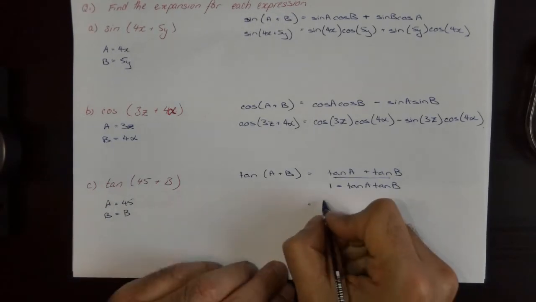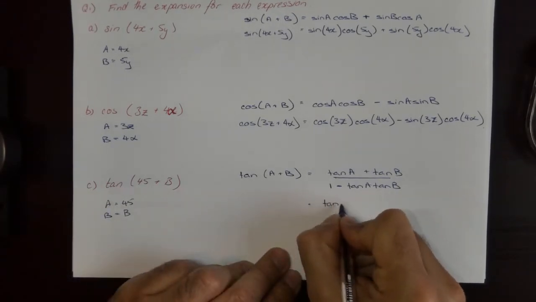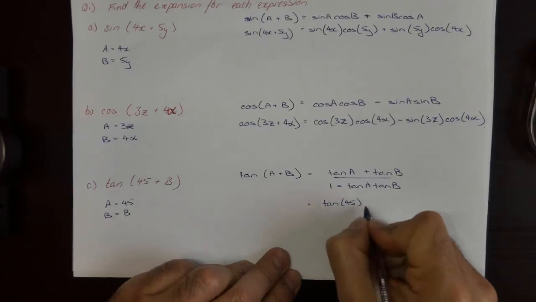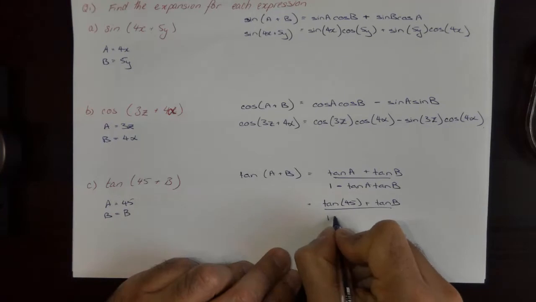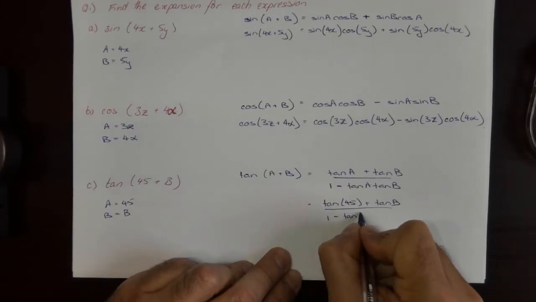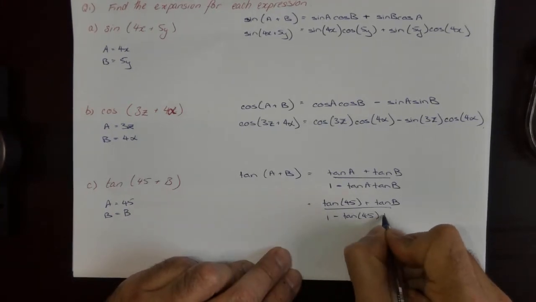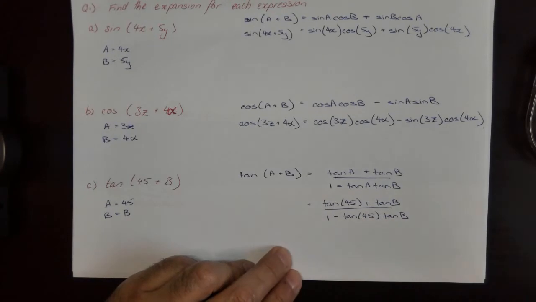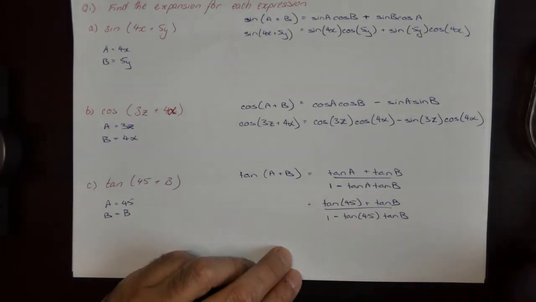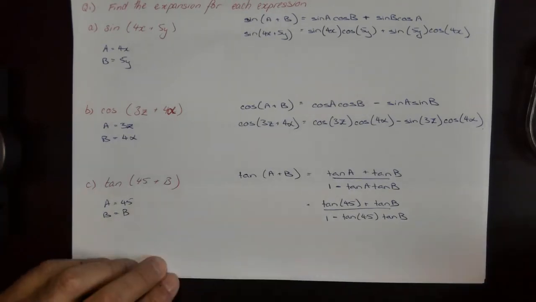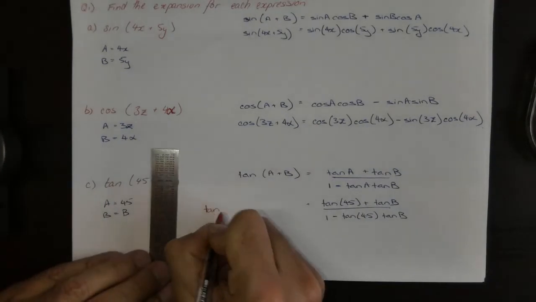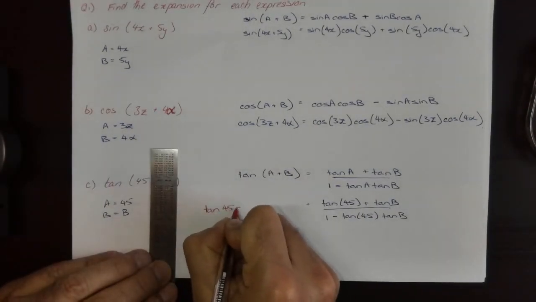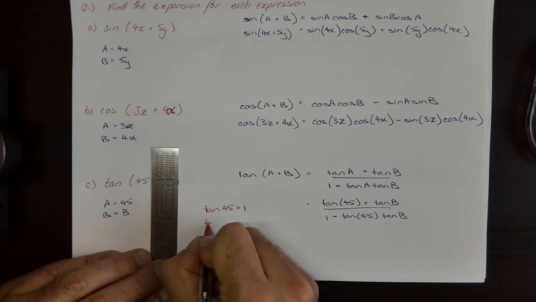So tan of 45 plus tan B over 1 minus tan 45 tan B. While we're here, it's really important to remember that tan 45 is equal to 1.